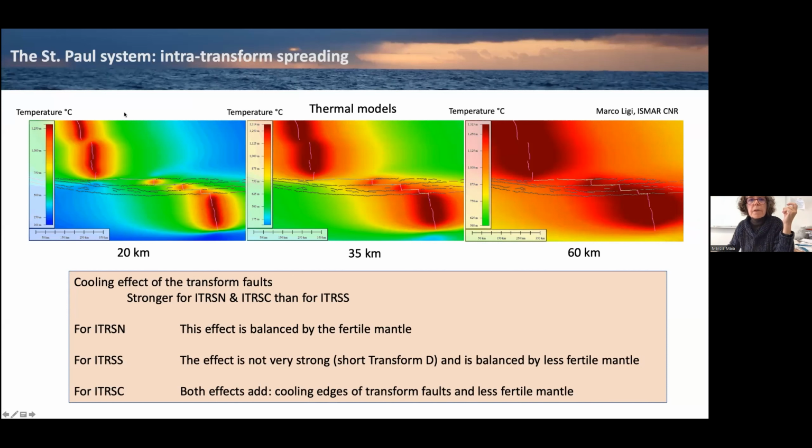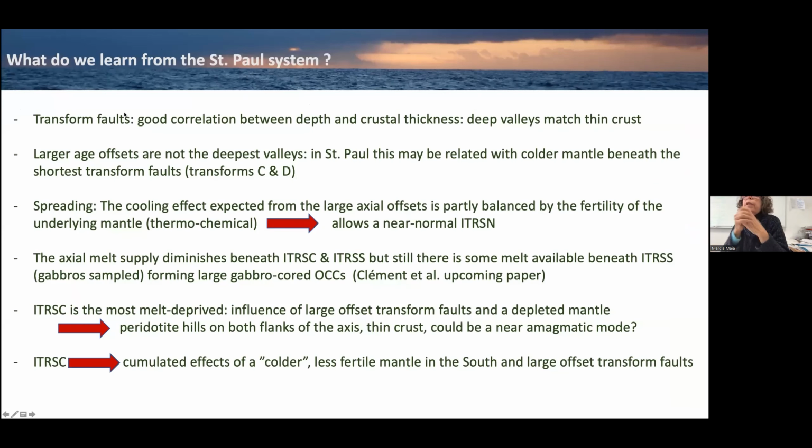So what we learned from the system. First, in terms of transform faults, there is a good correlation between depth and crustal thickness, and the deep valleys match more or less thin crust. However, the larger age offsets are not the deepest valleys.